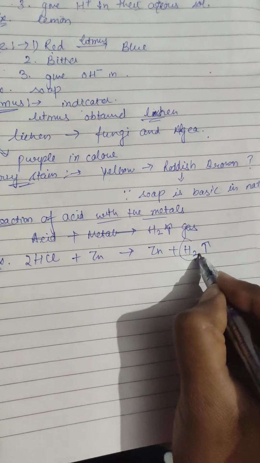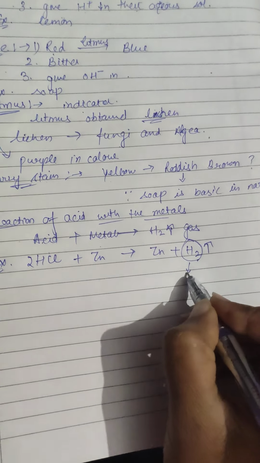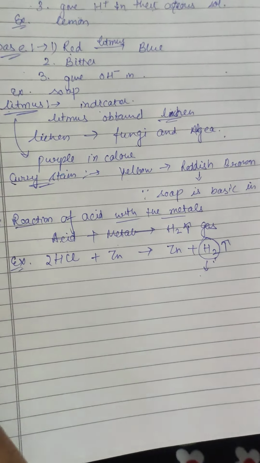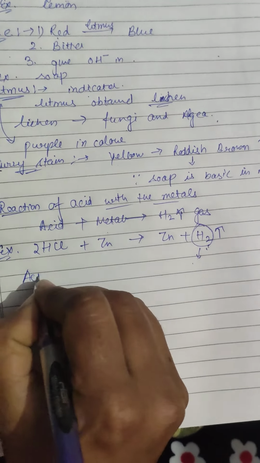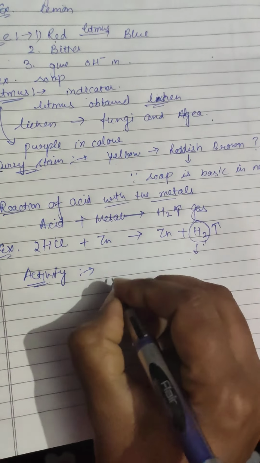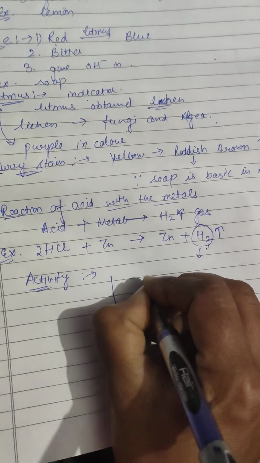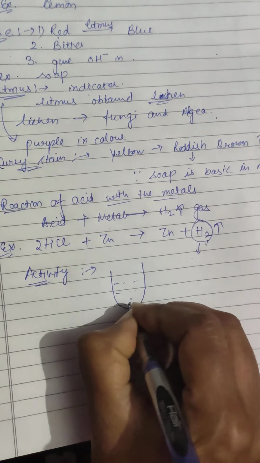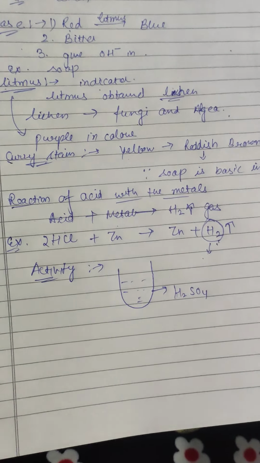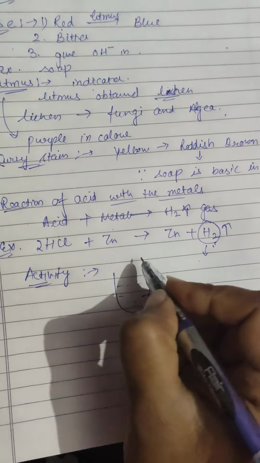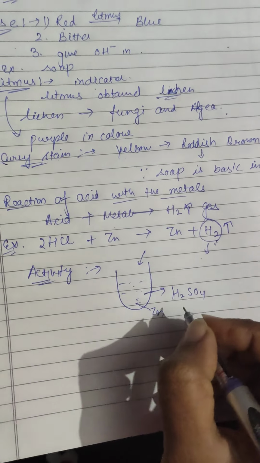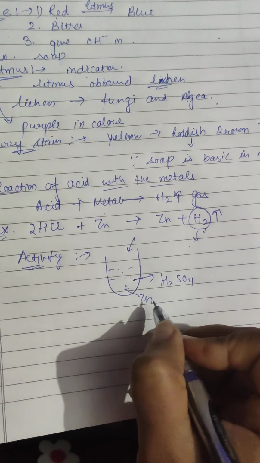Now, we can also detect that the gas is hydrogen only. It can be explained with an activity. Let us take a test tube. In the test tube, we take sulfuric acid. Now, in the sulfuric acid, add zinc granules of zinc metal.